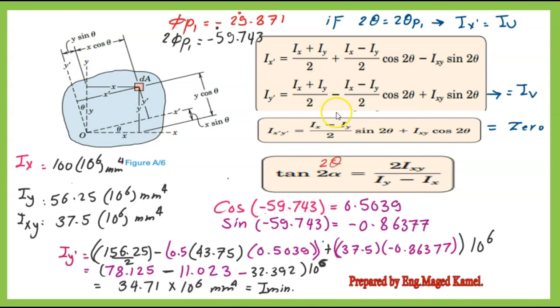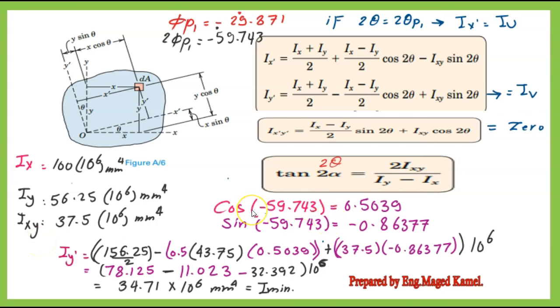In the next slide, we will be estimating the value of Iy dash by using the general expression of Iy dash as Ix plus Iy over 2 minus Ix minus Iy divided by 2 multiplied by cosine 2 theta plus Ixy sine 2 theta. We have all the values of Ix, Iy and Ixy listed.